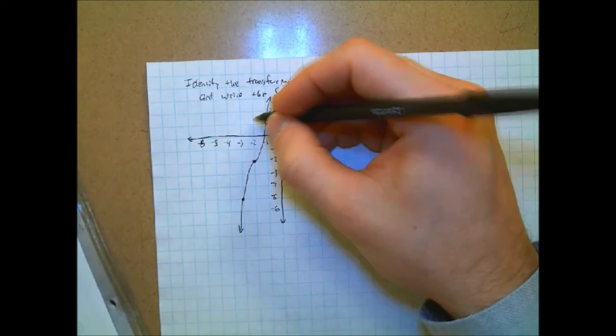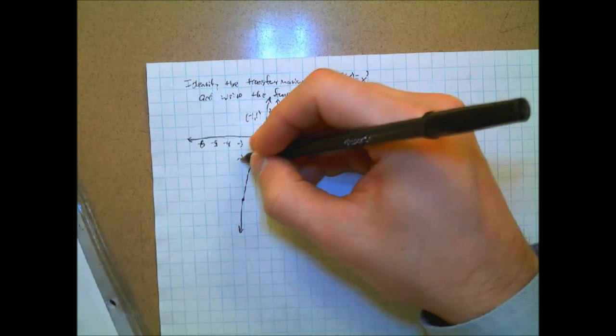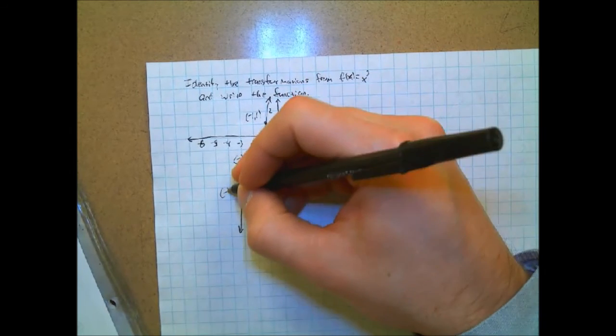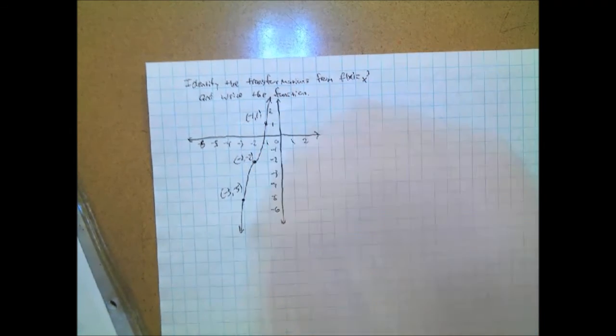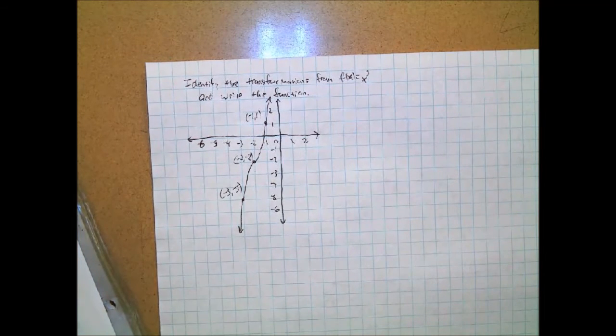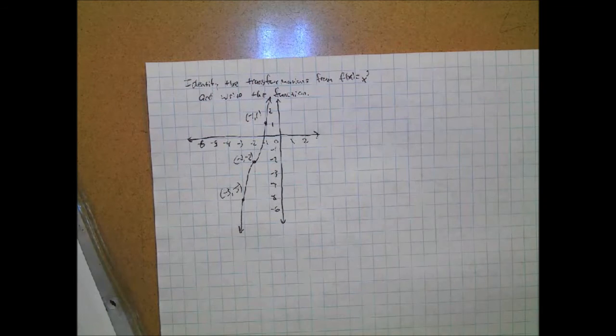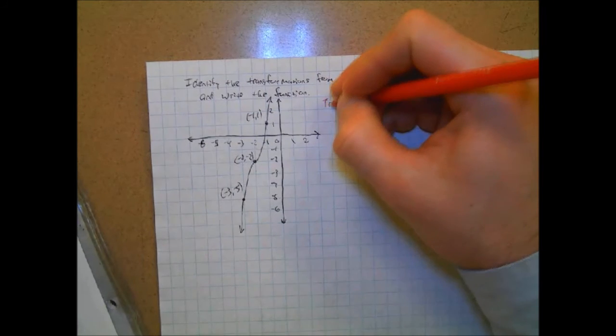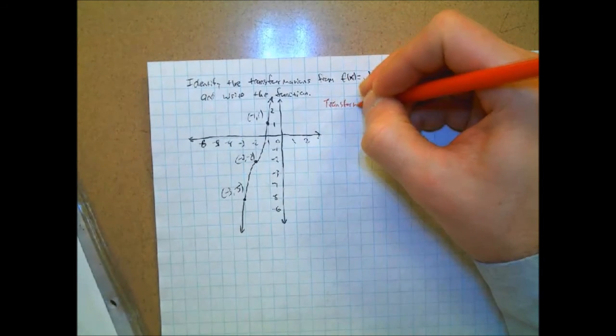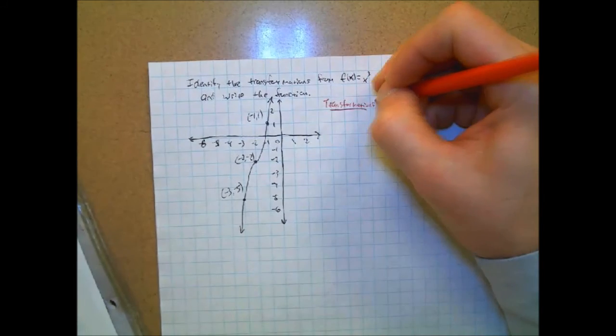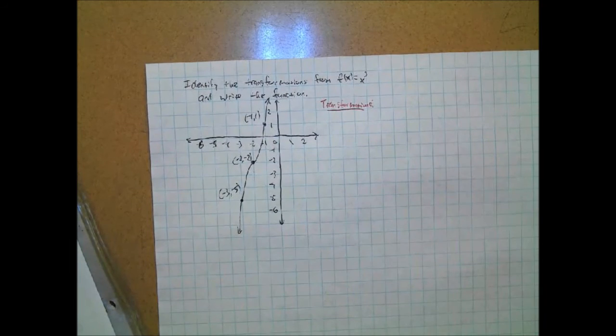So we have a point at (negative 1, 1), a point at (negative 2, negative 2), and a point at (negative 3, negative 5). So, what kind of transformations do we see here? I know you're copying it down maybe still, but you can still identify that.